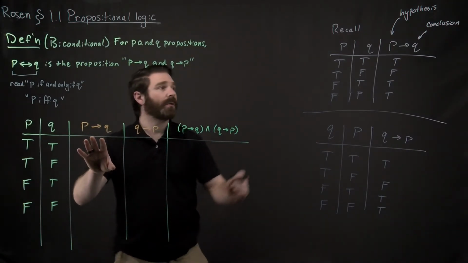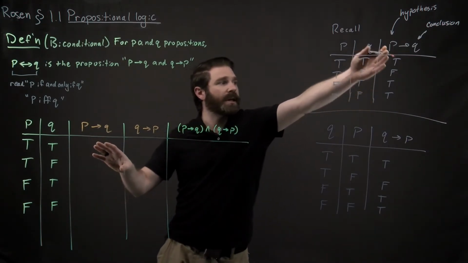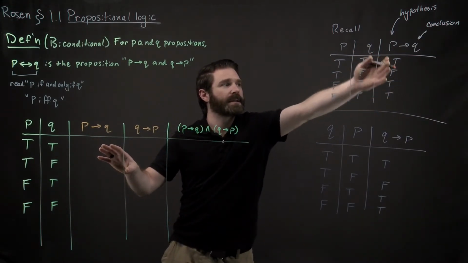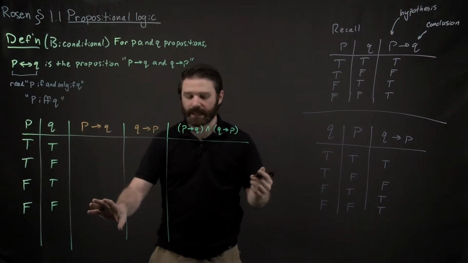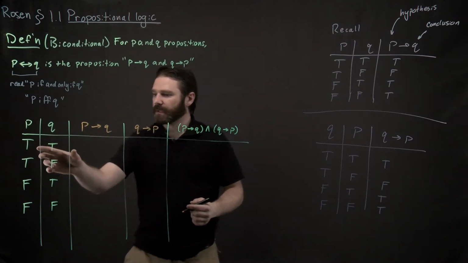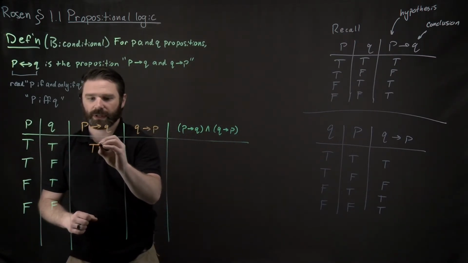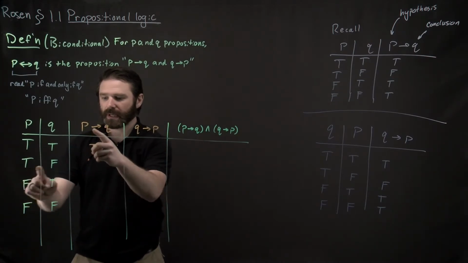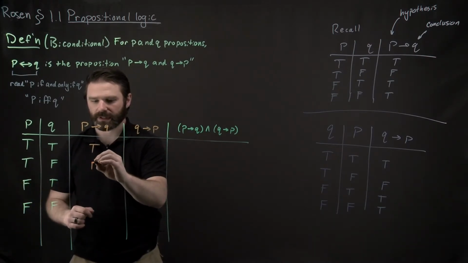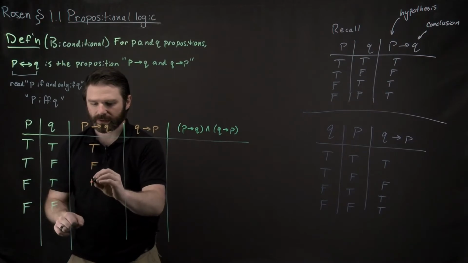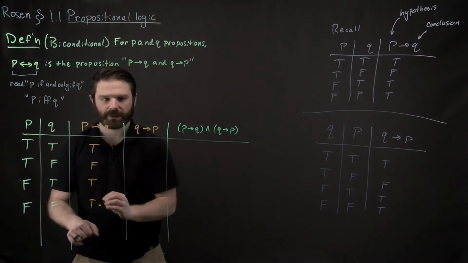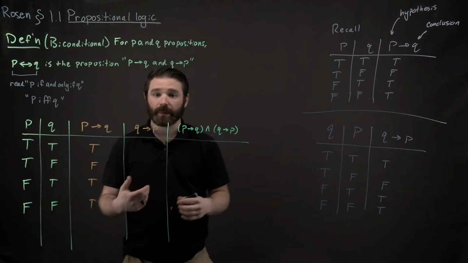In fact, we can just copy this column of this truth table right here down in this location. So this one is true here, the hypothesis is true, and the conclusion is false, so this is false. This right here is true, and this right here is also true. For this one, it's a little bit more complicated.